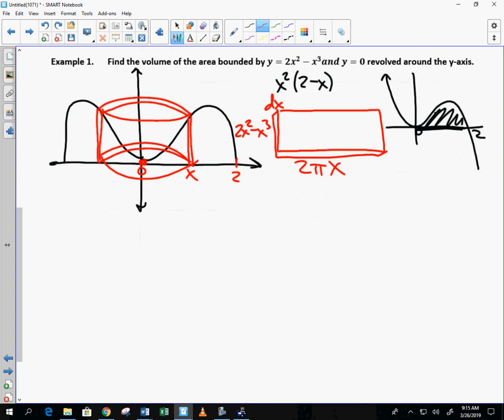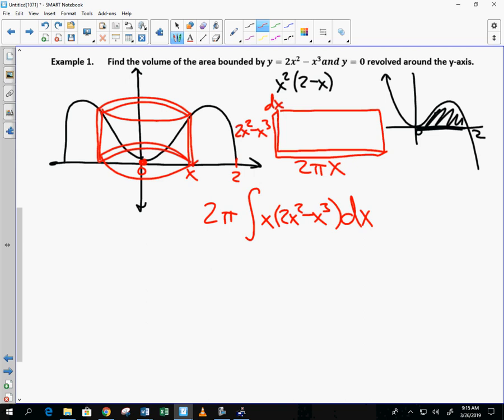X is going to be a value at which we draw the height. X could be anything between 0 and 2. What is the distance between x and 0? It is just x. So we multiply these together. 2 pi times x times 2x squared minus x cubed dx. Slap in an integral.